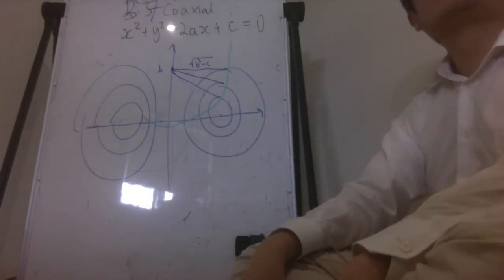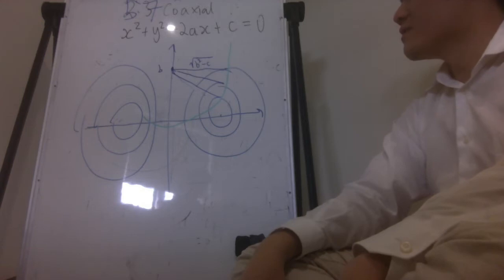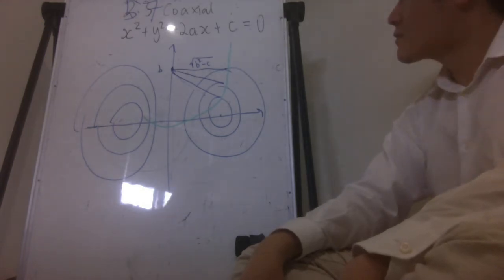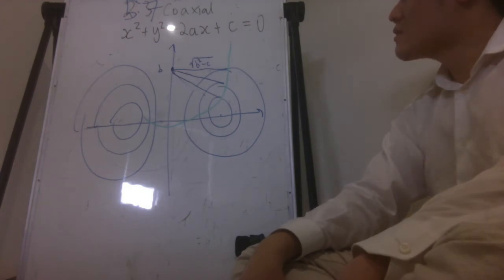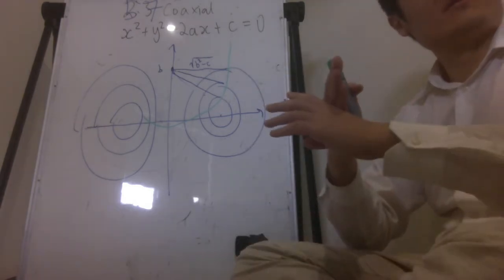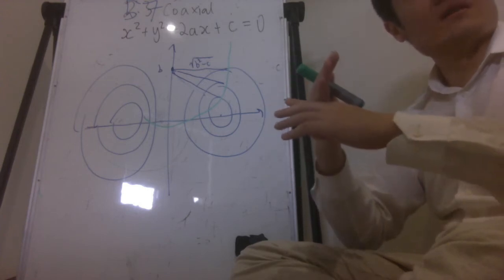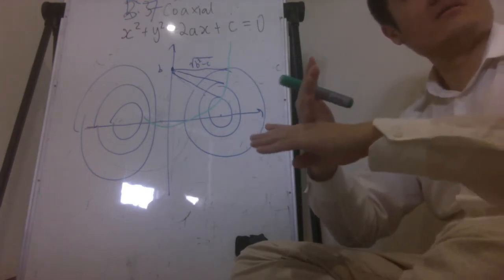Orthogonal just means 90 degrees. So two circles are orthogonal if the tangents at their intersection points meet at 90 degrees.